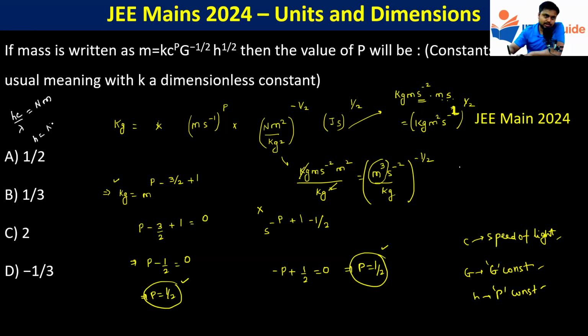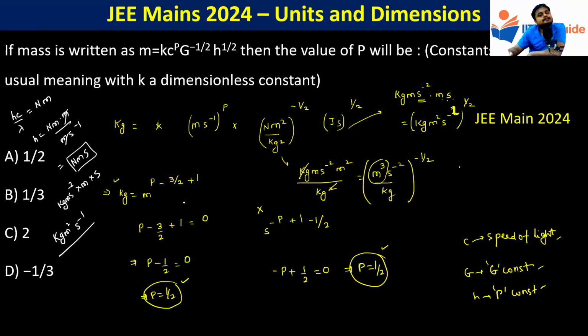So h becomes Newton meter times meter divided by meter per second, which is Newton meter second, which is kg m s^-2 into m into s. This becomes kg m^2 s^-1. Good.